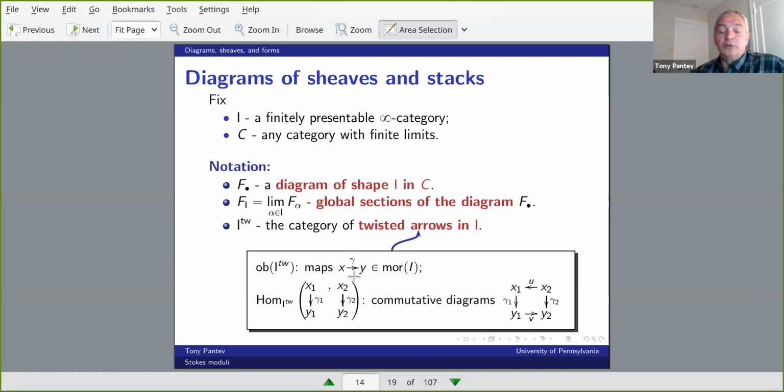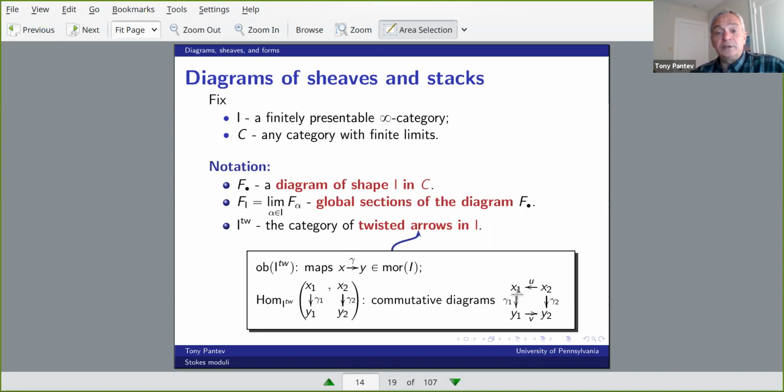So what you really need is the category of twisted arrows in I. This is just the standard homological tool. You look at the category, which essentially looks like the category of morphisms in I, so the objects are morphisms in I, but the maps between them are not morphisms of maps, but are commutative diagrams in which the map on the source is reversed in direction.